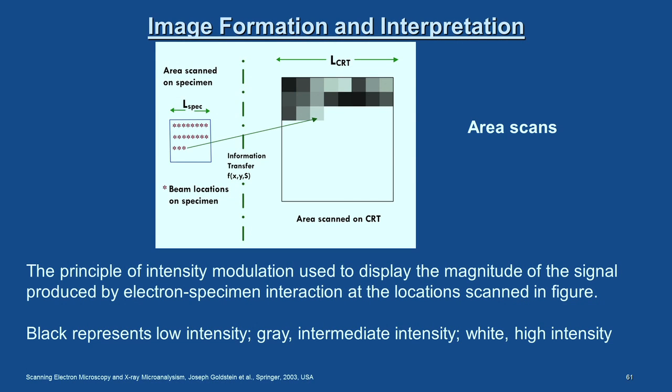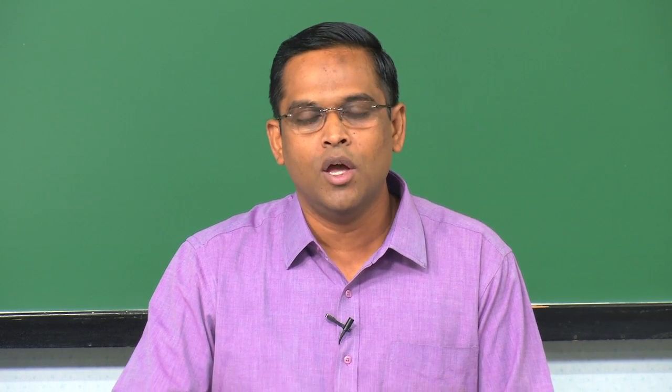Rather, I would say that whatever we obtain in SEM is not a true image, something like what you get in light optical or transmission electron microscope, where you have the light ray path corresponding to the specimen points connecting to the image points.